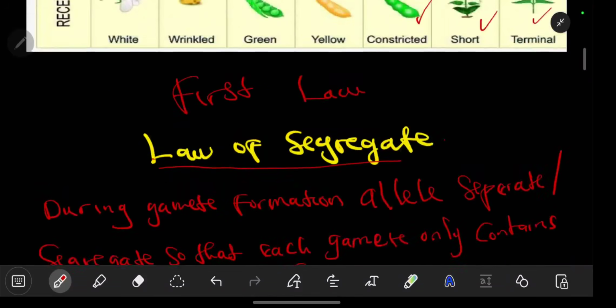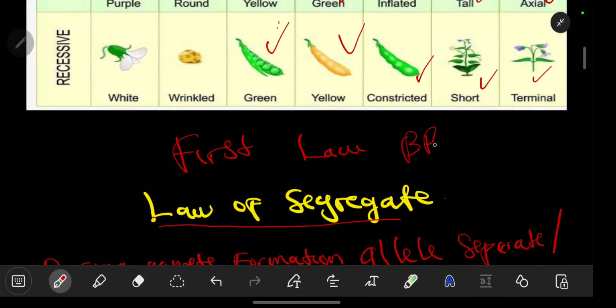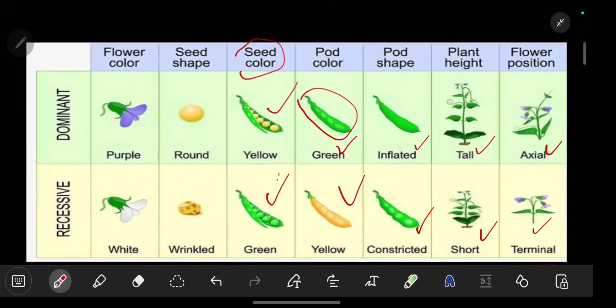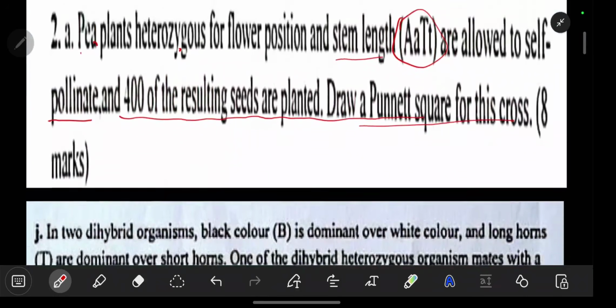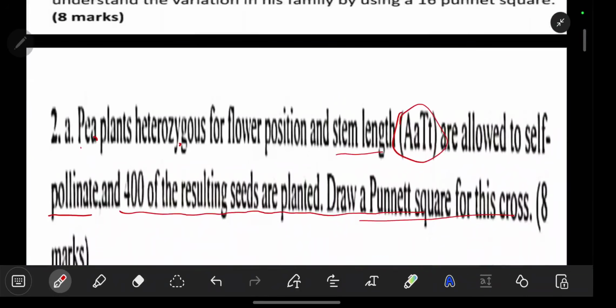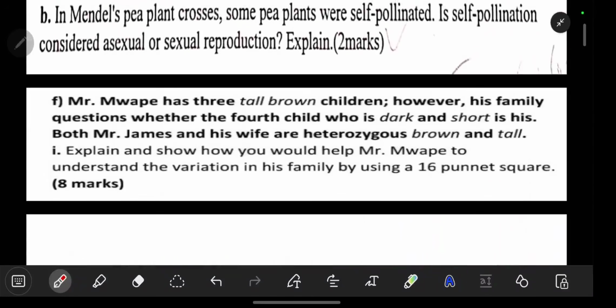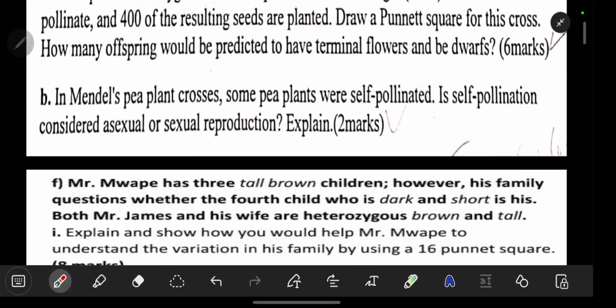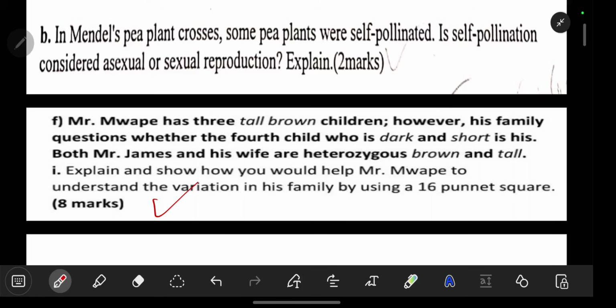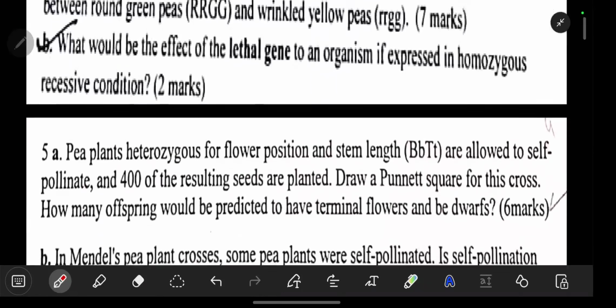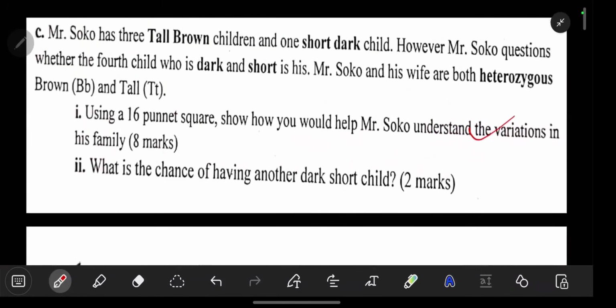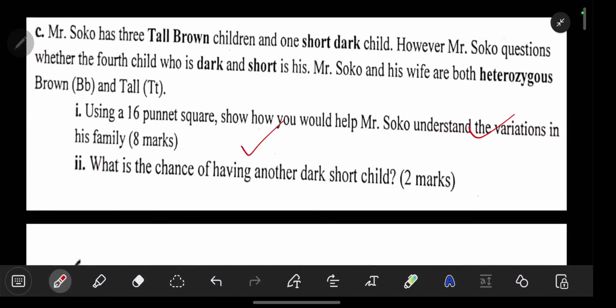So self-pollinate means the same thing, capital B small b, capital T small t crossed with capital B small b, capital T small t, like that. So that is what we simply mean. So we are not going to answer that because we have already answered the question. Now, even this one, we are going to answer this, which is exactly the same.